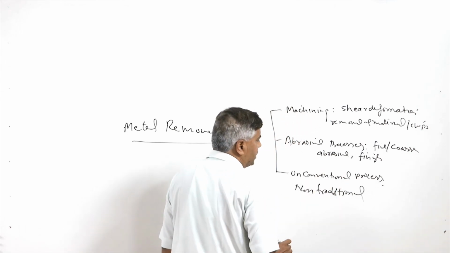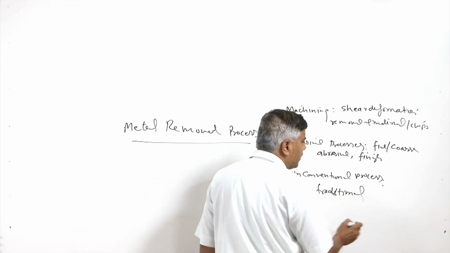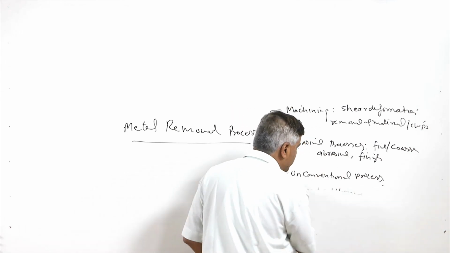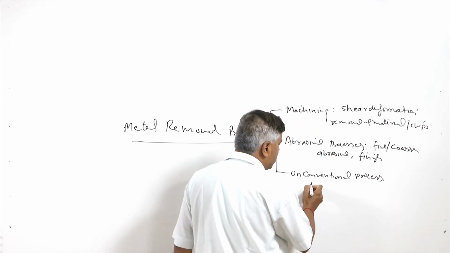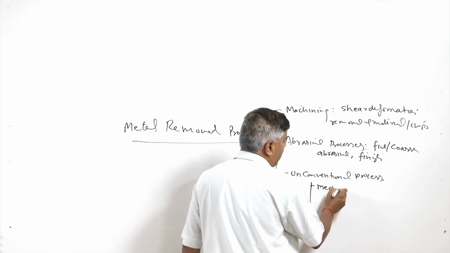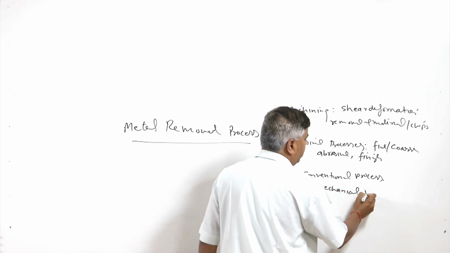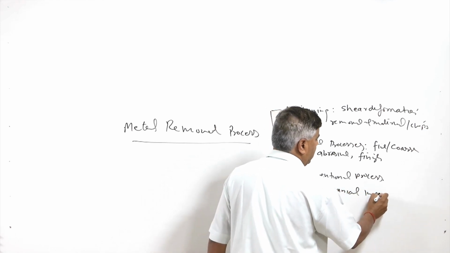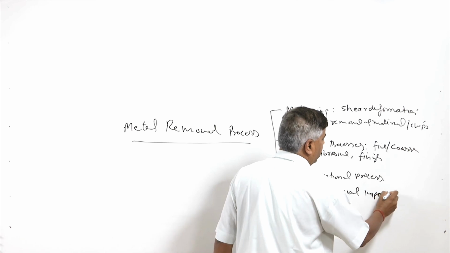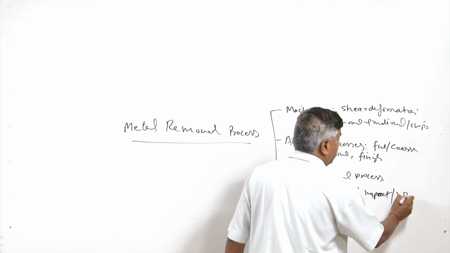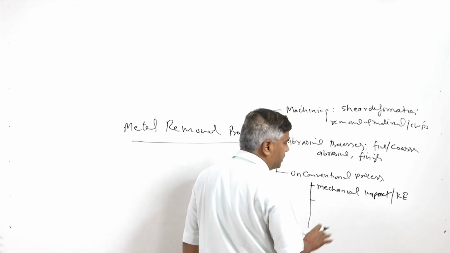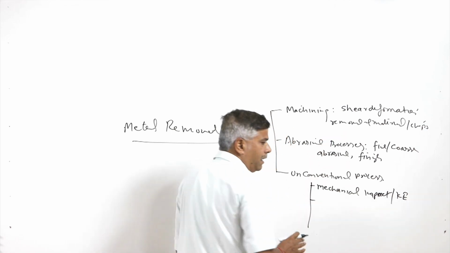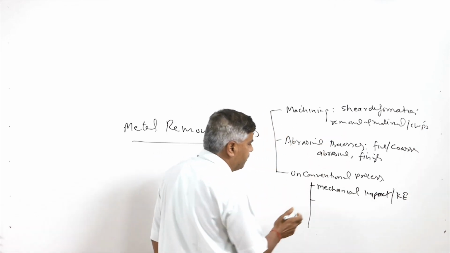Then in non-traditional processes, there are a number of ways by which material can be removed, which use energy in various forms, like mechanical energy in the form of impact, or kinetic energy. High velocity particles are directed onto the surface, or impact is applied through fine particles.